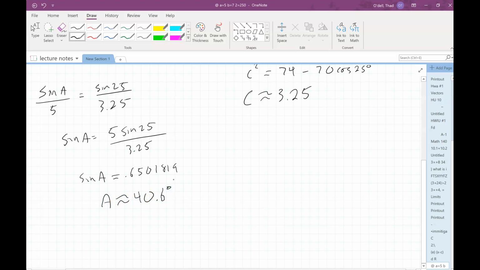Then I'm going to do 180 minus 40.6 minus 25, and I get angle B is approximately equal to 114.4.